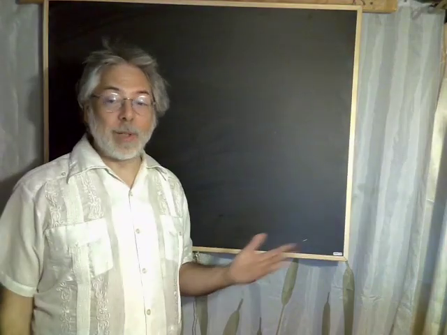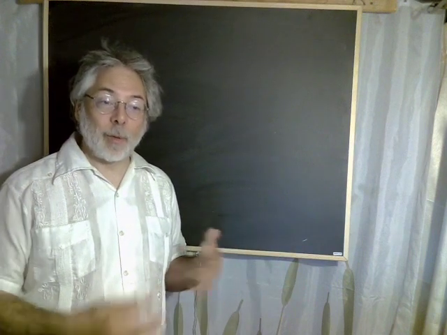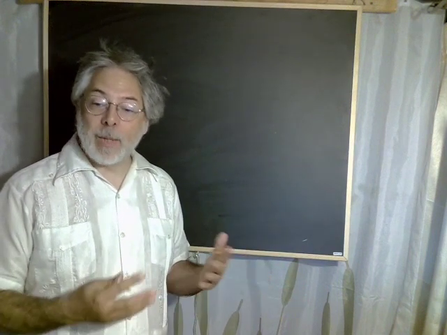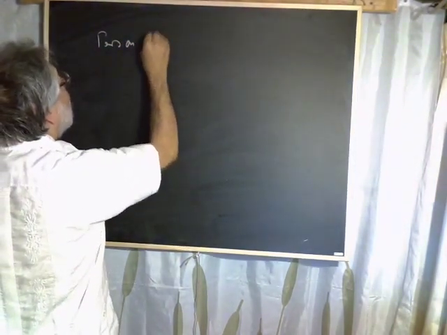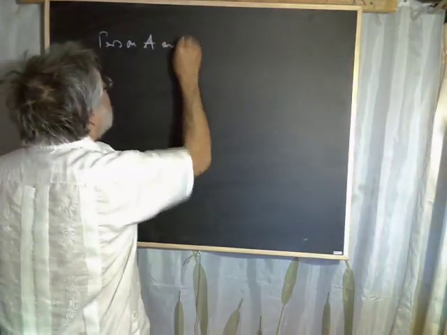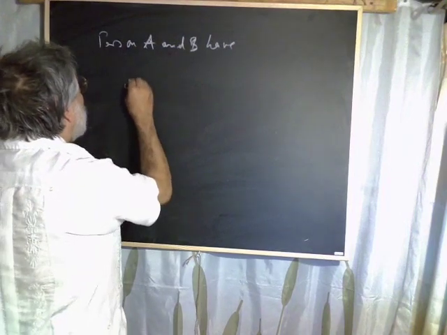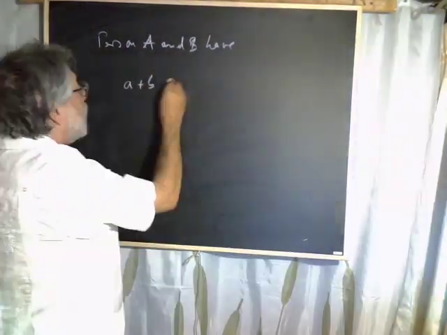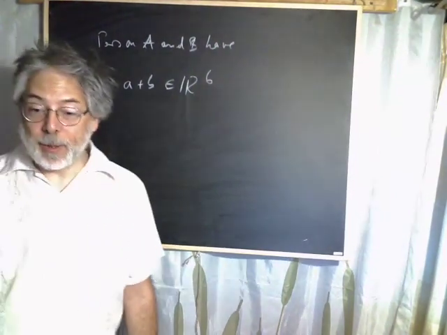Further questions you can ask are, for example, how much of each item do person A and B have? So person A and B have A plus B. This is also an element of R to the 6.